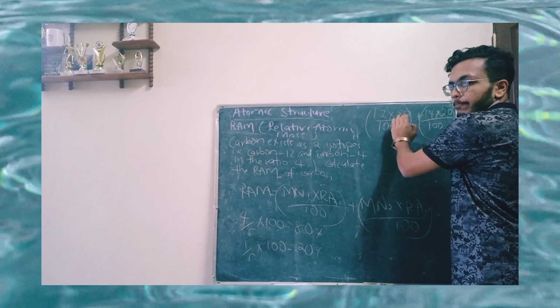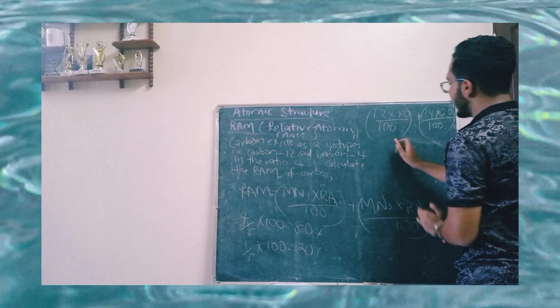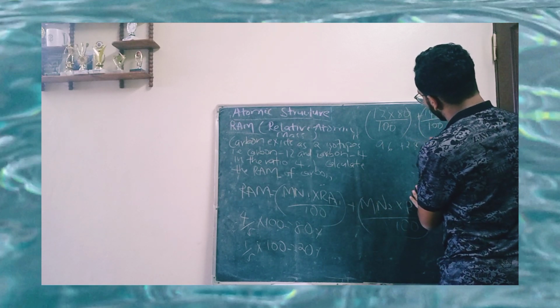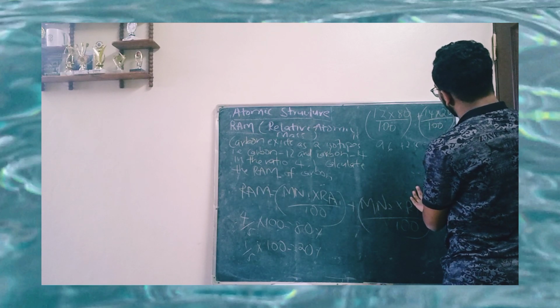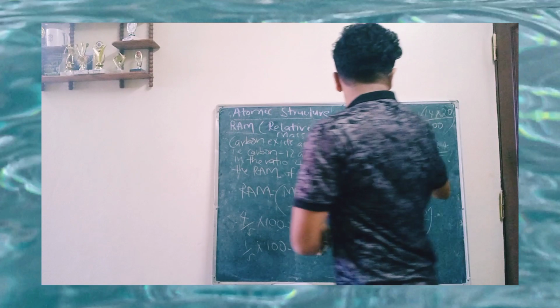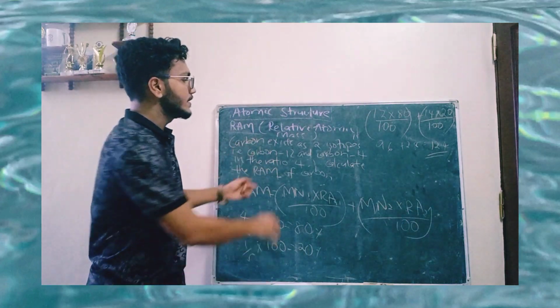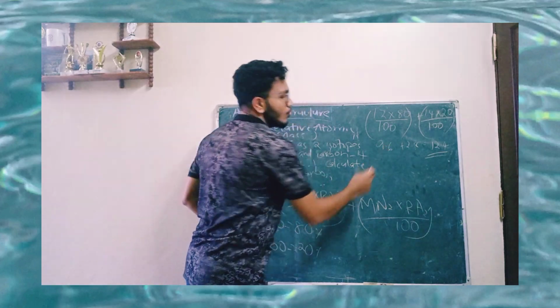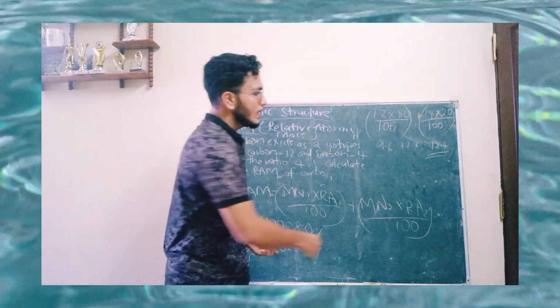You calculate this separately, you get 9.6 plus 2.8, which is 12.4. Now this is the relative atomic mass of carbon-12 and carbon-14 with these relative abundances. Now, how do I confirm my answer is right?